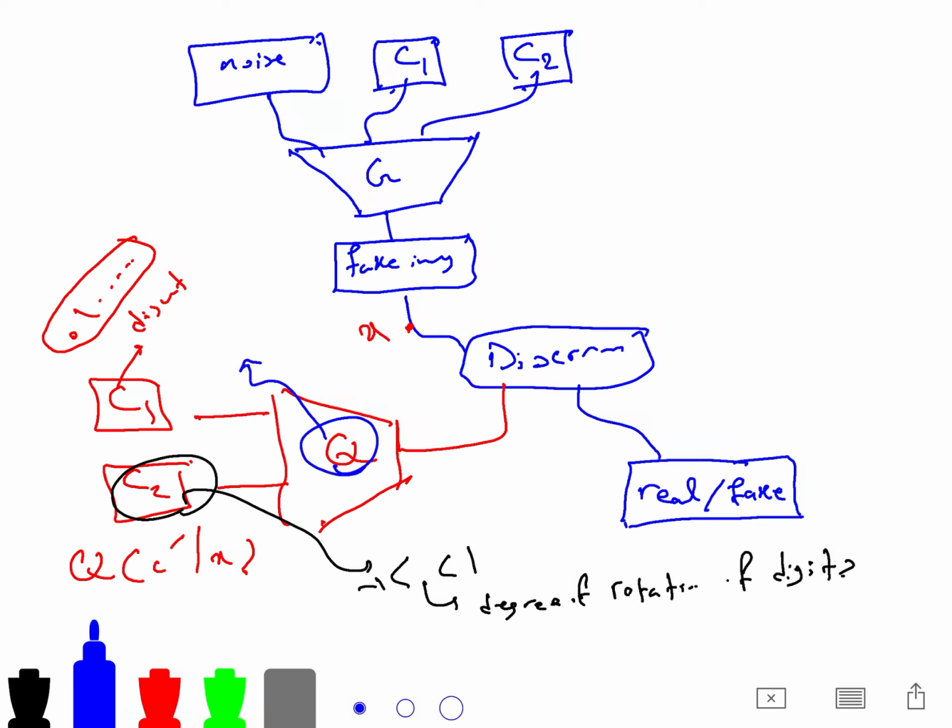It could be a normal softmax or linear layer on top of the discriminator. So you can think of it as just a linear layer on the discriminator. So there is not much more complexity. I mean, there's no function class in there that you need to worry about.